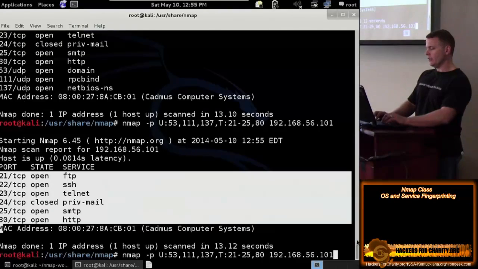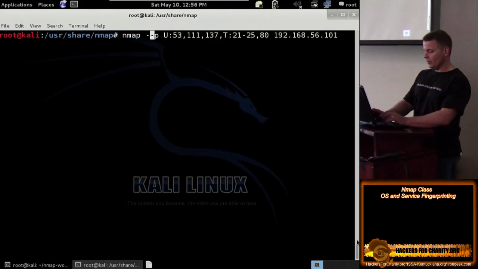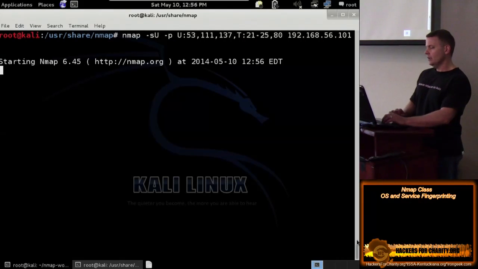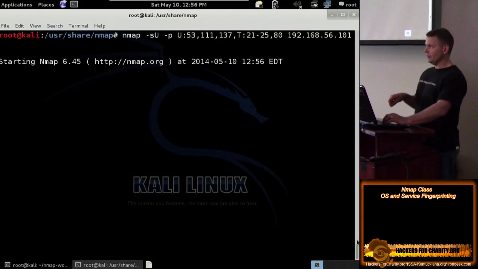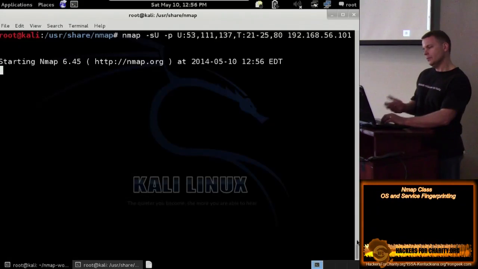Another mistake that sometimes is made is people will say, okay, I've got some UDP stuff mixed in with these TCP port ranges, so I don't want to forget to do this. But when you specify only the -sU, you're telling Nmap you want to do a UDP scan.